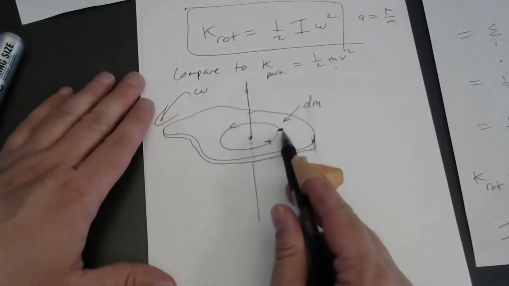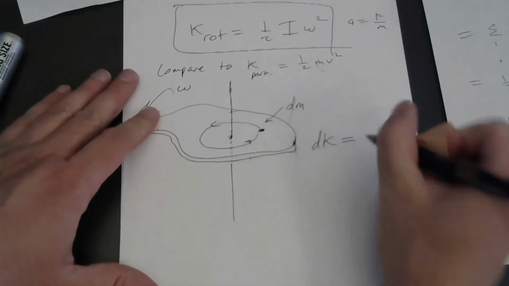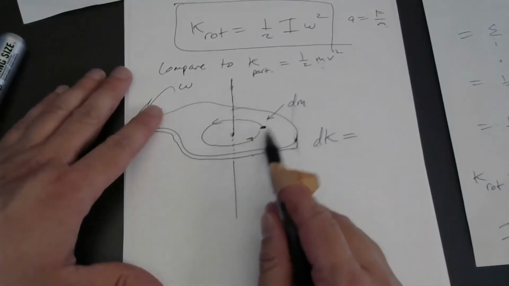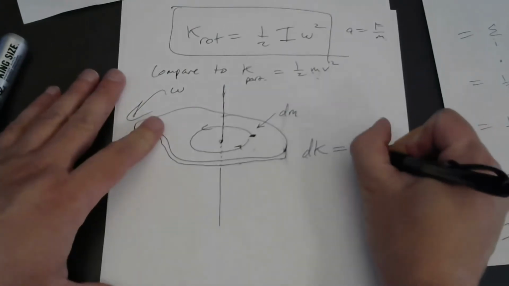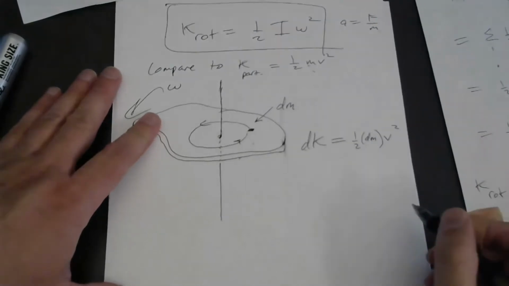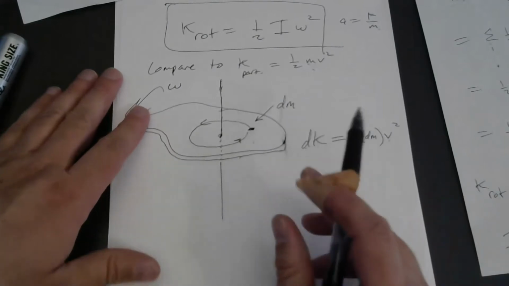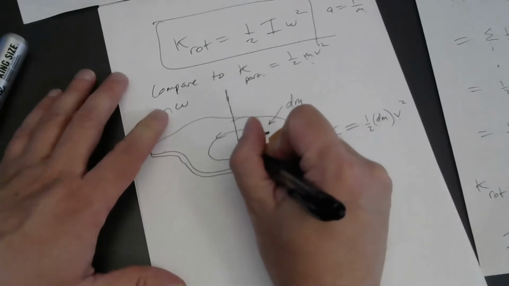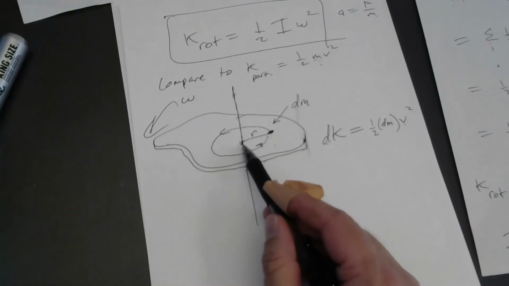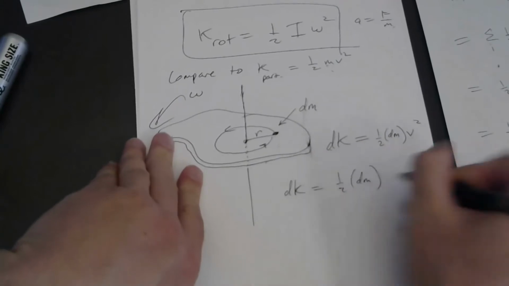And because it's moving in a circle, it has a speed, and that means it's got a kinetic energy. So dk, I'm going to use the symbol dk for the infinitesimal quantity of kinetic energy associated with this infinitesimal piece of mass. Well, that would be 1/2 times dm, the mass, times v squared, where it's understood that this speed is the speed of that infinitesimal little piece. Now, by the same reasoning as before, that little piece of mass has a particular distance from the axis, which I'll call r, and we could rewrite the speed as follows.